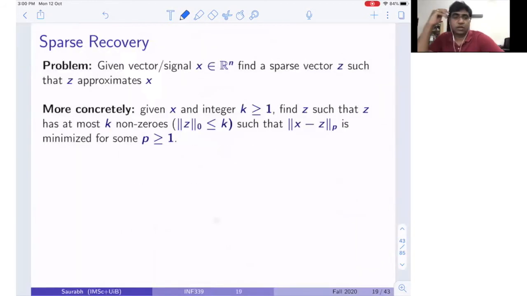The question is: you are given a vector or signal x in R^n, and you want to find a sparse vector z such that z approximates x.